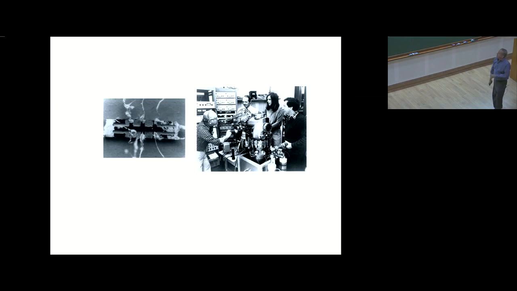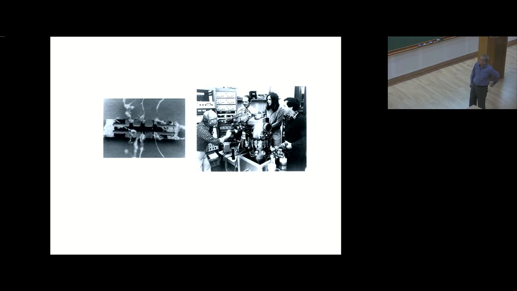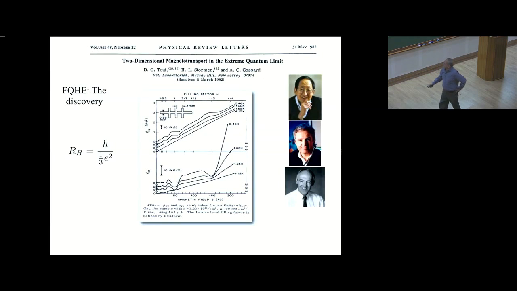Okay, soon after that experiment, which was in 1980, I think, some of these gentlemen went to yet higher magnetic fields in better quality samples. These better quality samples were gallium arsenide, aluminum gallium arsenide samples. And they discovered something very surprising.